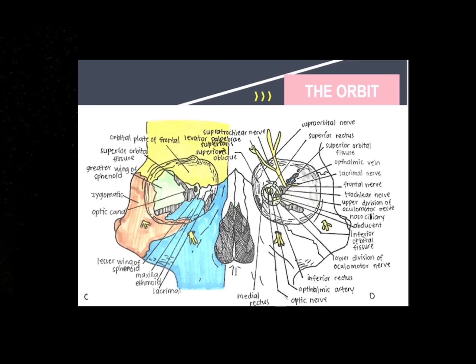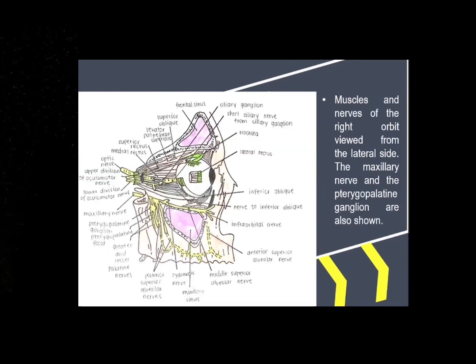The floor is formed by the orbital plate of the maxilla, which separates the orbital cavity from the maxillary sinus. And the medial wall is formed from before backward by the frontal process of the maxilla, the lacrimal bone, the orbital plate of the ethmoid, and the body of the sphenoid.